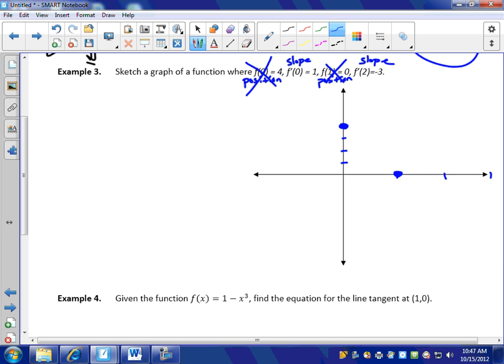Now, all I'm going to do is make sure that my curve passes through this spot and it passes through this spot. But I also need to make sure that I have a very distinct slope. What's the slope supposed to be right here? So I'm just going to draw a short line that has a slope approximately of 1. What do you think? Is that okay?